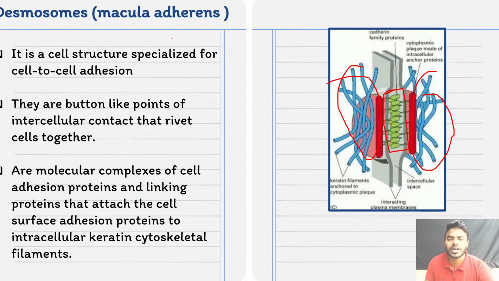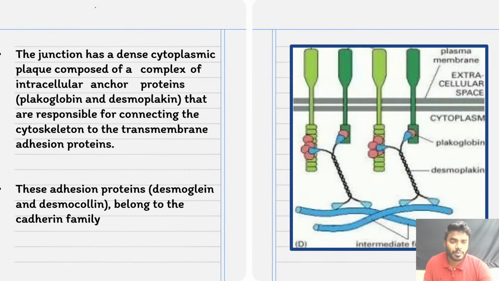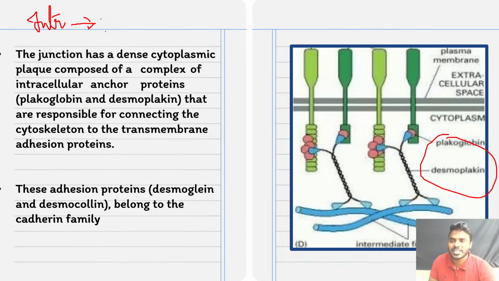What are those two proteins? Transmembrane protein as well as intracellular protein. I want you to remember all these proteins without fail. What are the intracellular proteins? Please keep it in your mind: plakoglobin and desmoplakin. You have to remember for the exam.